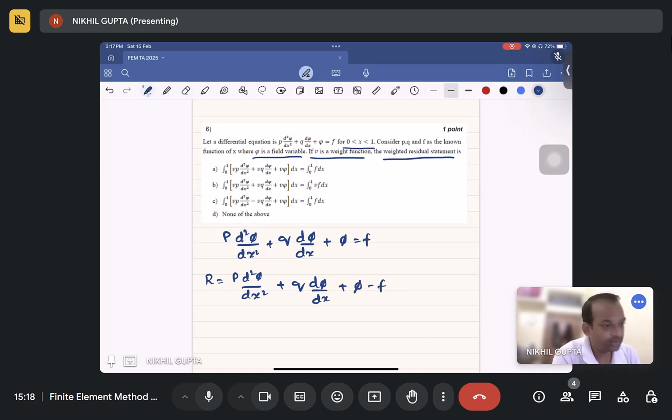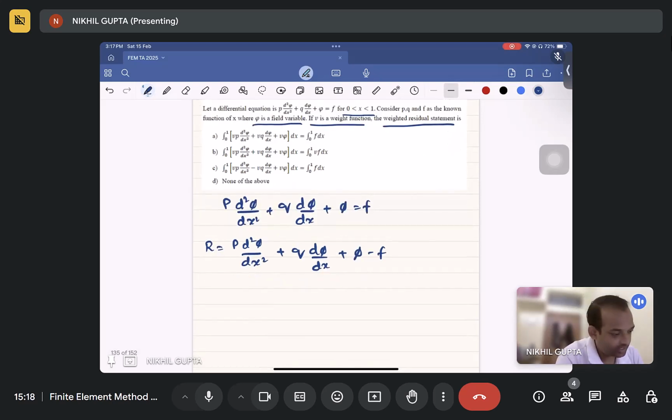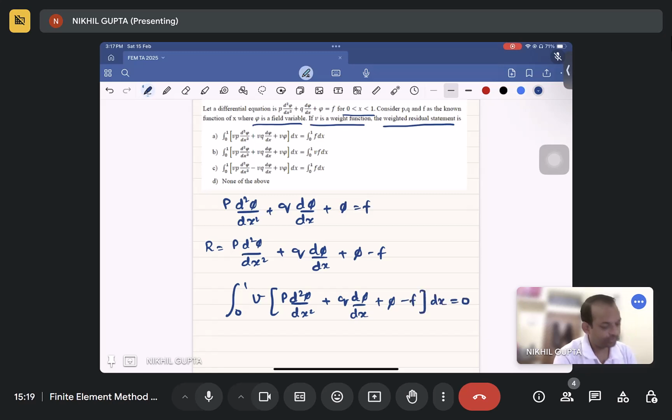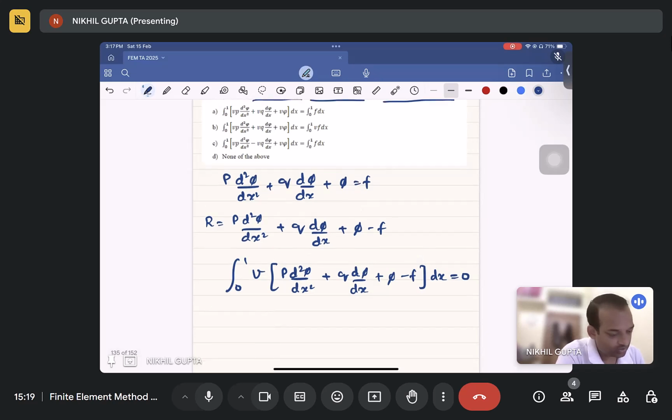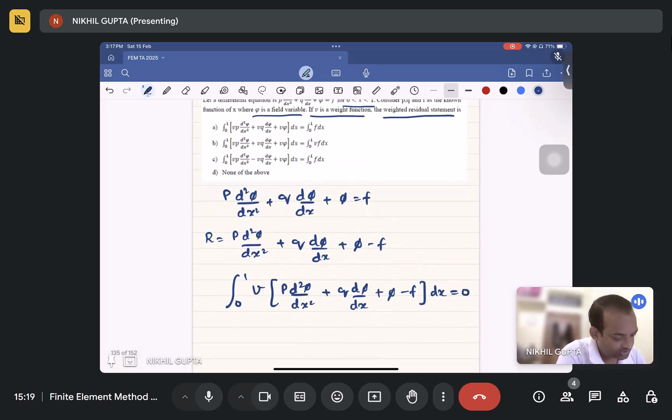This is the residual. Now to find the weak form, you integrate over the limits v times r, where r is p d2phi by dx square plus q dphi by dx plus phi minus f, dx equals 0. This is how we make a weak form, and we don't need to solve it, we just have to write the answer in the weak form equation.